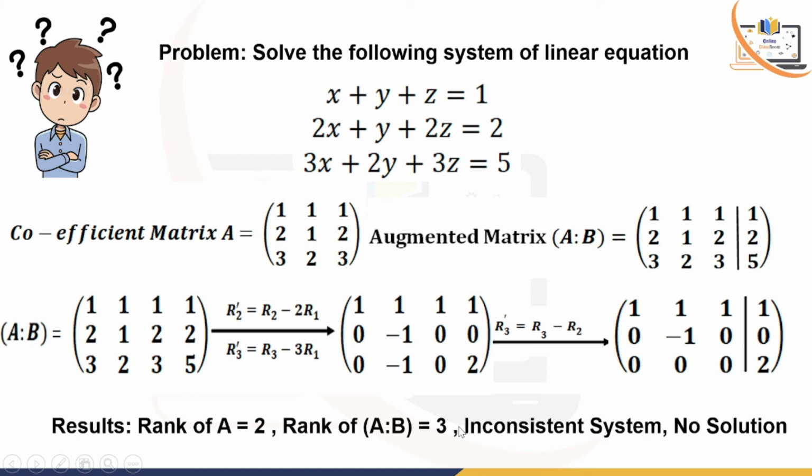So what is the result? We get rank of A equal to 2, whereas the rank of the augmented matrix is equal to 3. These are unequal, so we can say that this is an inconsistent system. And from the flowchart, we know that an inconsistent system means ultimately we can't get any solution. So the final answer will be no solution.